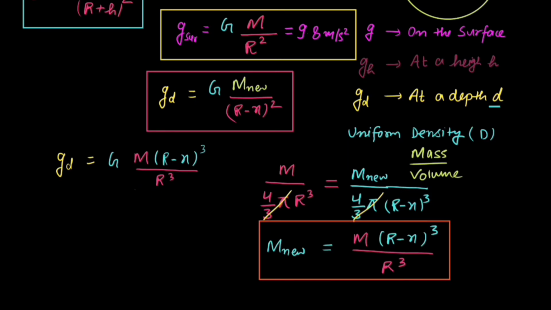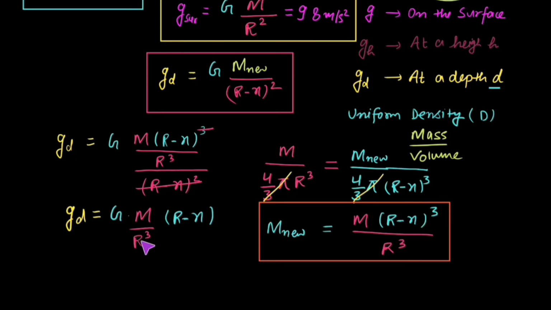Now in the denominator, it is r minus x whole square. If we simplify it, this will cancel out, and the value of acceleration due to gravity at a depth d would be equal to capital G into capital M divided by r cube, into r minus x.